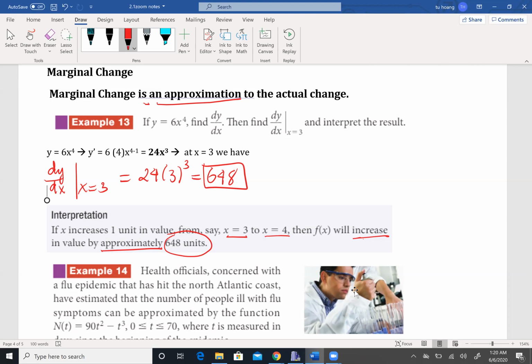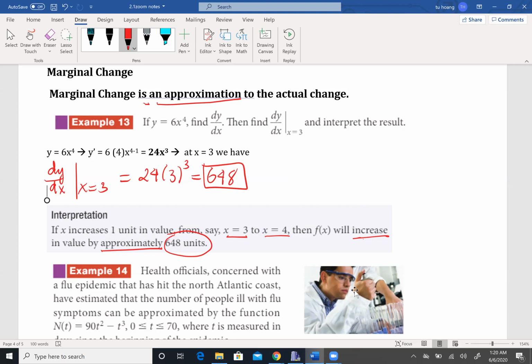You can just have an approximation, like you're going to approximate your income for next year. You cannot know exactly what it is at this time, but you may use the derivative as an approximation to get the income in the future. You know your income depends on a function.